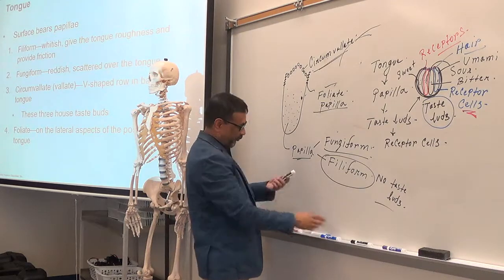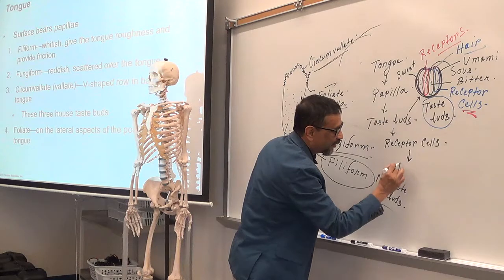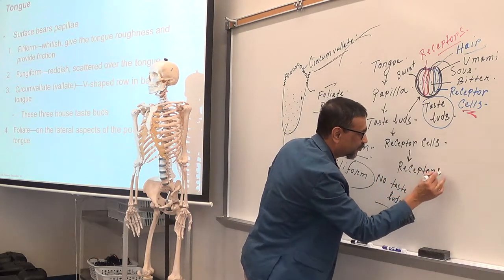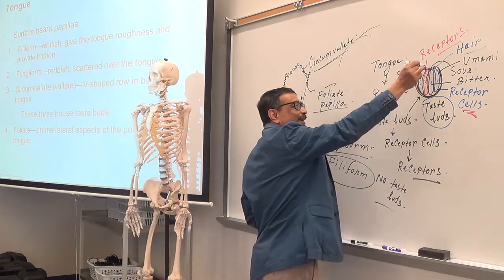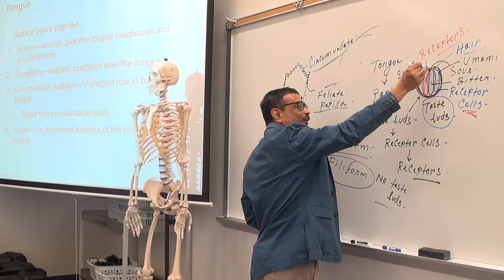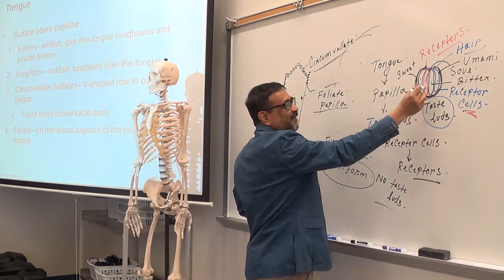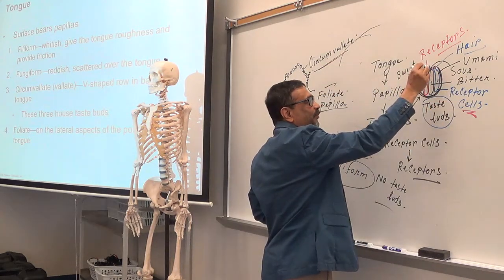Now the last thing. So receptor cells have receptors. Okay. If this is sweet, what will happen? The sweet food molecules will get attached to these receptors. If this is sour, the sour molecules will get attached to the receptors here.